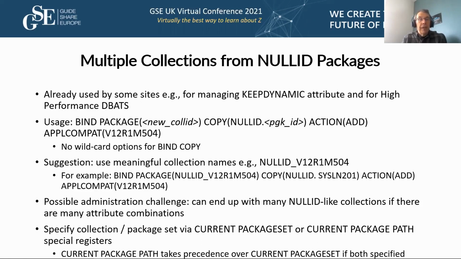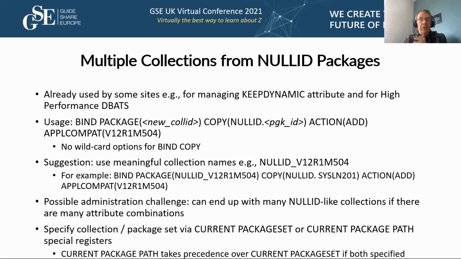Now, obviously what you want to be able to easily do is to identify from those collections what the APPLCOMPAT level is. So you should use meaningful collection names such as null ID underscore V12R1M504. And you've got an example bind copy statement there below it.